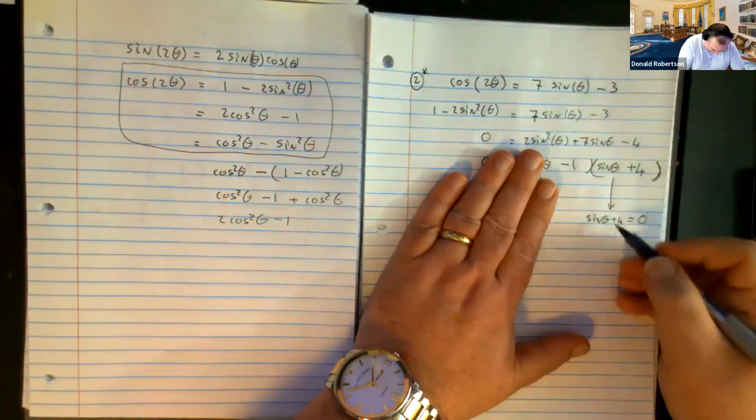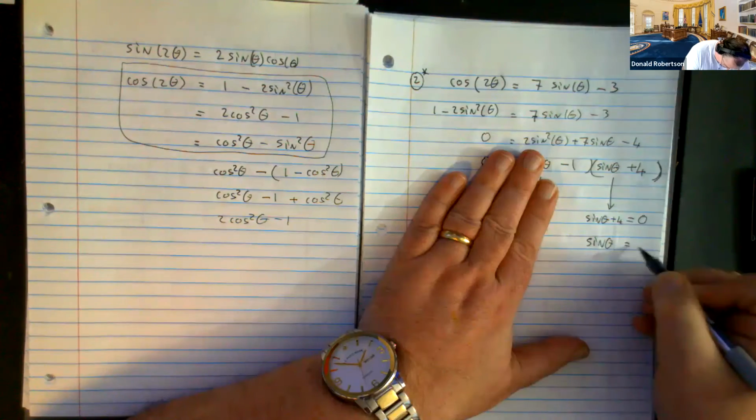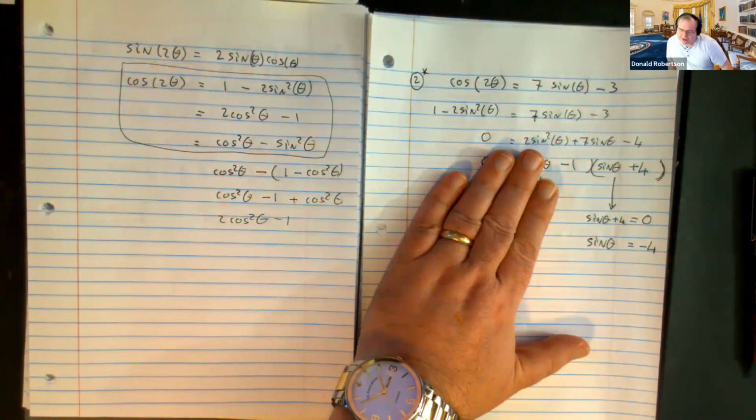Let's take this one first. If this was going to be true, and you subtract 4 from both sides, wouldn't sine theta have to be the number -4? Would you agree that's impossible? Doesn't the sine only go up to 1 and down the other side to -1?